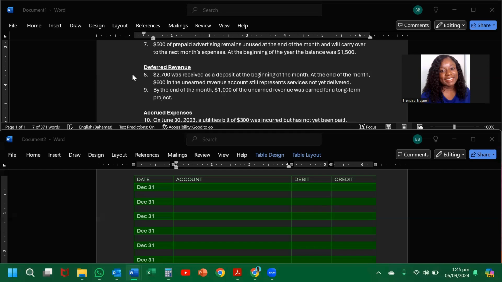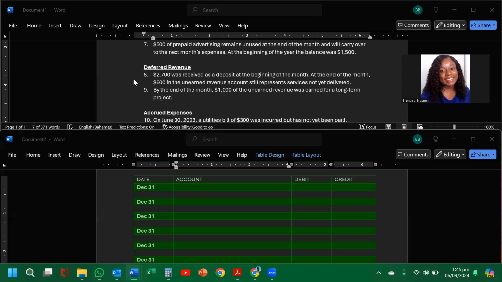When it comes to service, maybe I collect the funds in advance, but I haven't done the service yet. I haven't met the right to call it revenue, because technically the customer can come back and say, you haven't done the work, so I want a refund. And I should be able to give the customer back the refund because I haven't done anything. Once I have completed that service, I met the obligation.